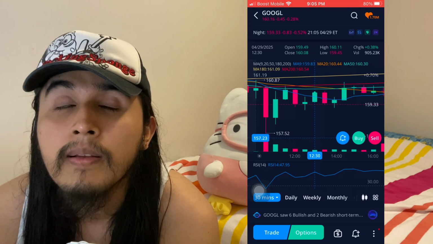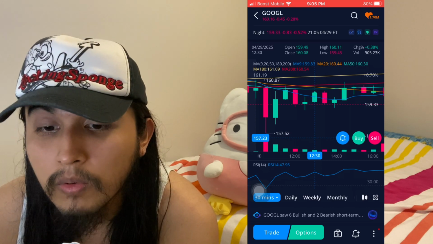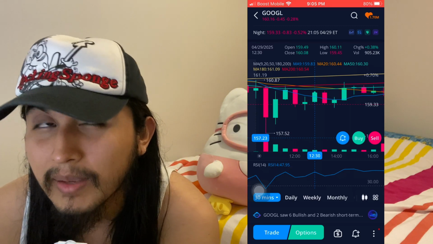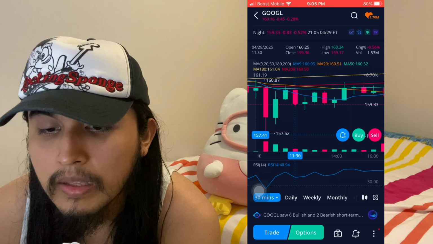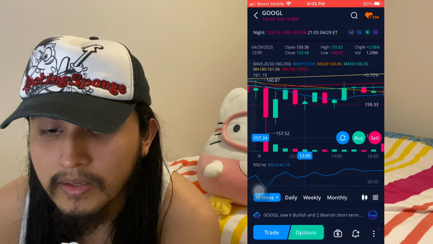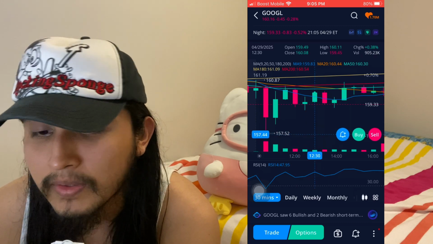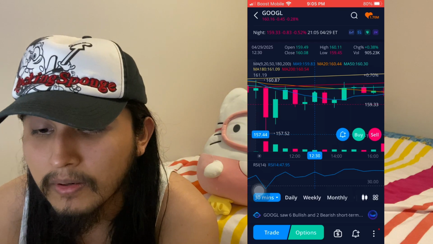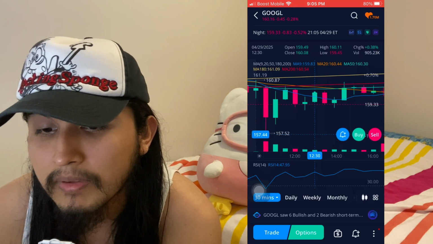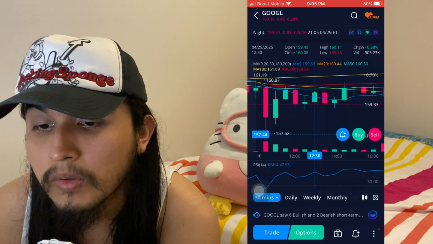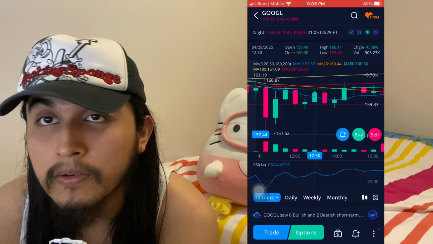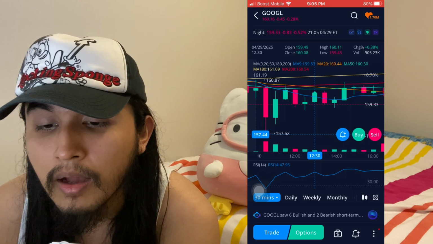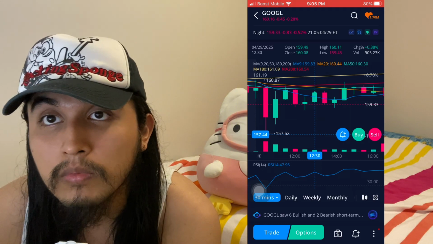I want Google to approach that previous number of 160. That was the previous high. So I would patiently wait, see if this candle can break above the 9-day moving average, see if it can either approach the 50-day moving average or approach that previous high of 160. Once either of those two occur, I'll buy a couple more Google put options.